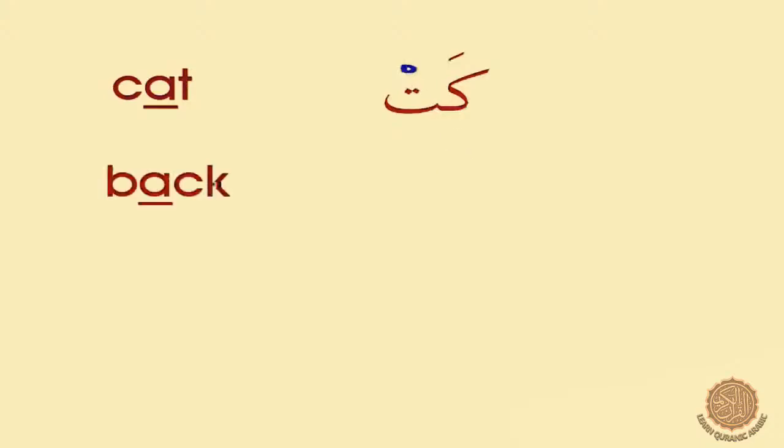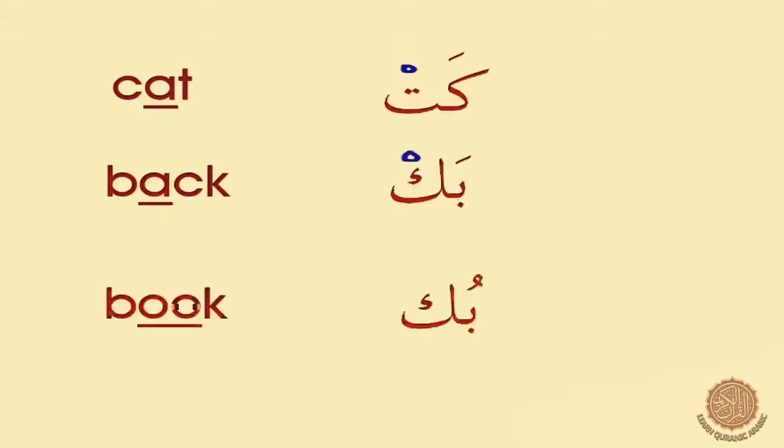Similarly, the word back. So it's back, and there's a sukoon there as well. And we have the word book. Same thing, there's a sukoon there. Now I also want to mention, here the sentence reads خرج الرجل من البيت, and you stop there.